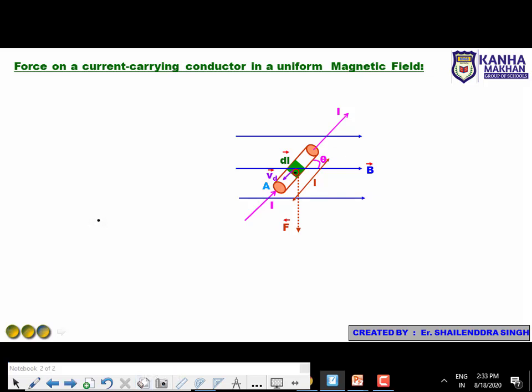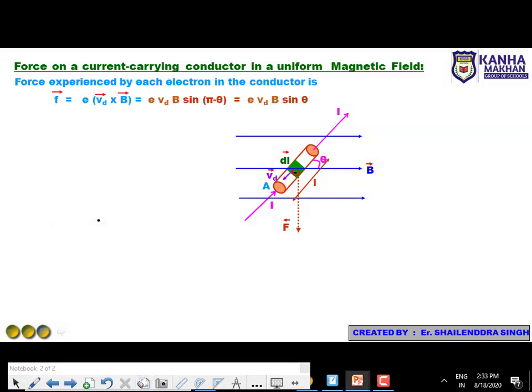First of all, we know the force experienced by each electron in the conductor is given as F equals e Vd cross B, because it is the velocity of the electron, and B is the magnetic field. Finally, we can write e Vd B sin(pi minus theta). Why pi minus theta?